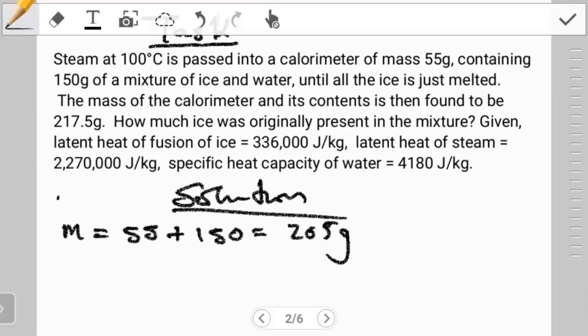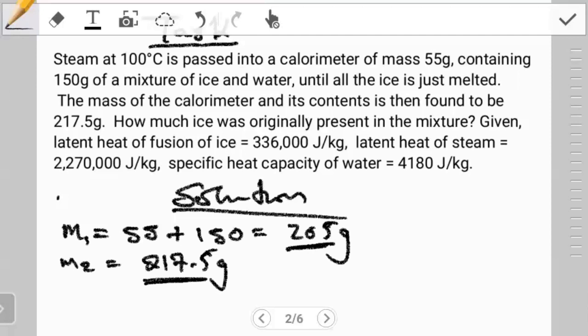But after the experiment, the mass was found to be 217.5 grams. So we notice a slight increment. Now the question is, where does this extra mass come from, since of course mass has to be conserved here? So where is the extra mass coming from?